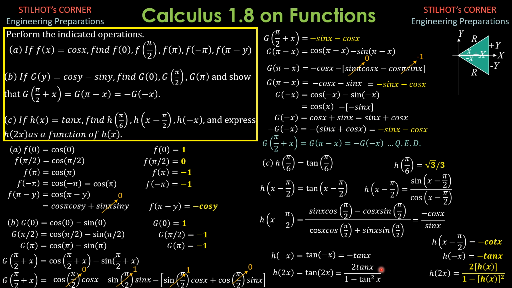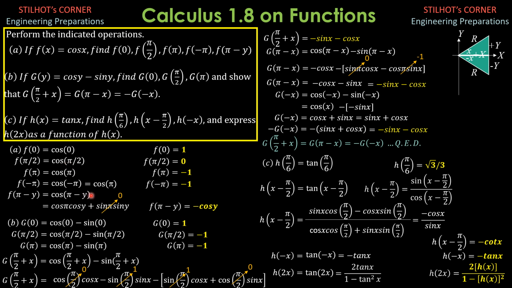So for those who can remember, then you write this right away. But for those who want to show that it is equal to this, I already suggested that you write tangent 2x as sine of 2x over cosine of 2x, and make sine 2x sine of quantity x plus x, and cosine 2x as cosine of x plus x.